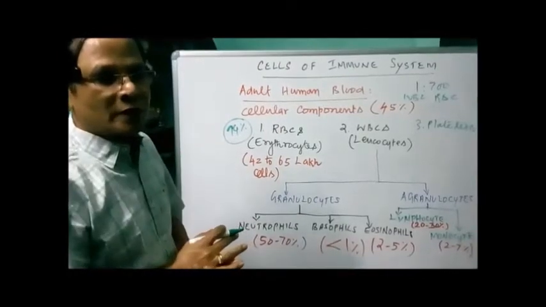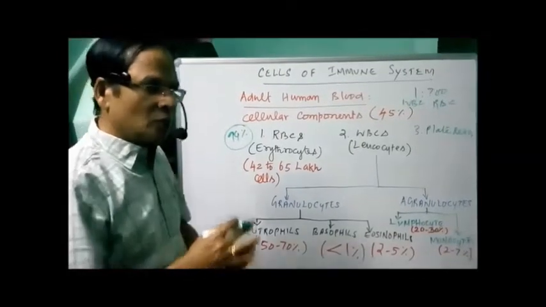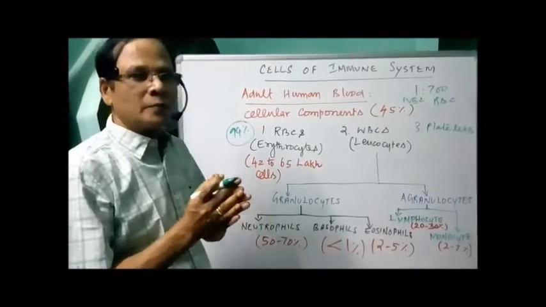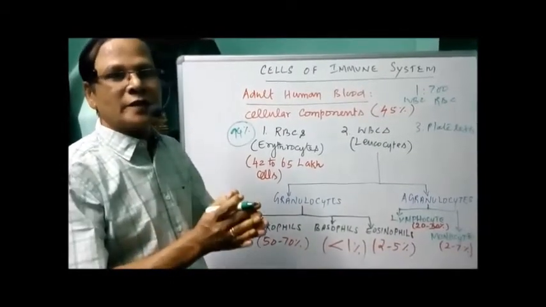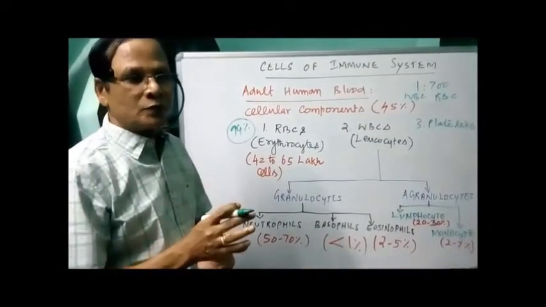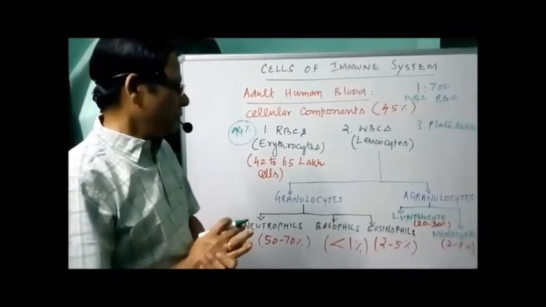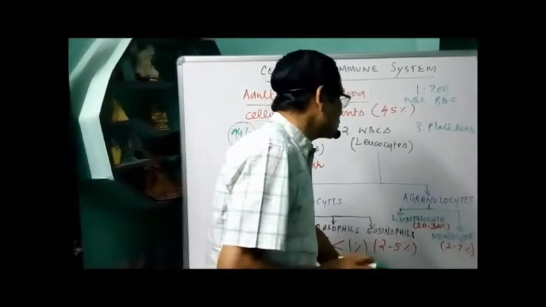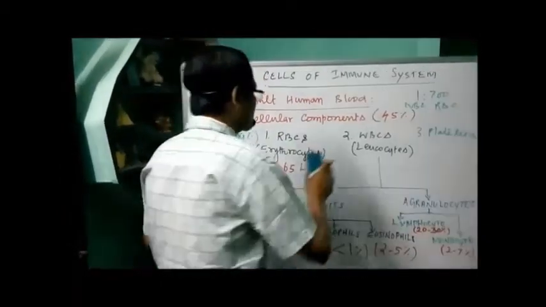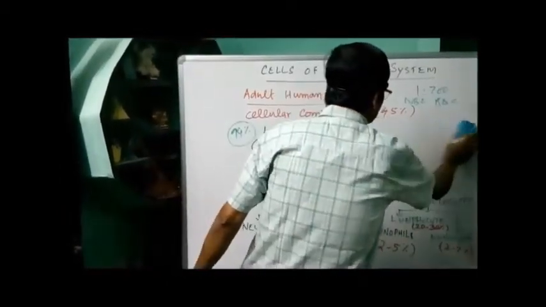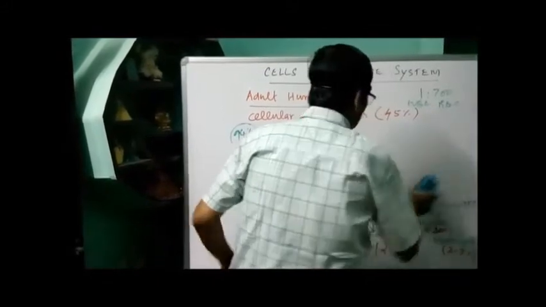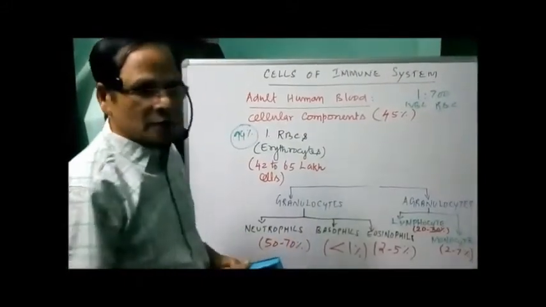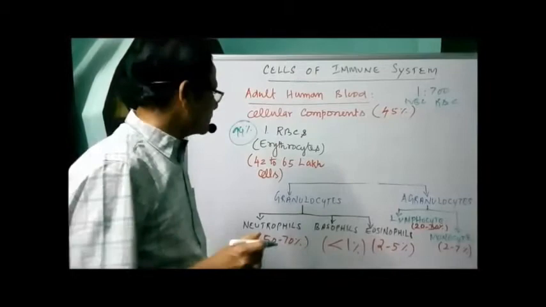The lymphocytes are the only cells capable of recognizing the specific antigen, and they produce antibodies. Then what is the role of the other cells? The other WBCs are involved in three major functions. The lymphocytes are involved in the specific immune response.